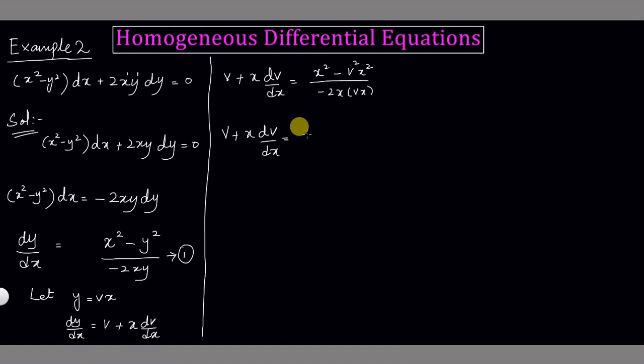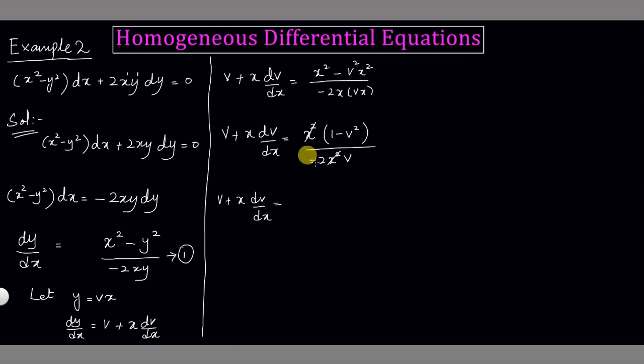we take x square common, and what we have left over there is 1 minus v square in the numerator, and in the denominator you have 2x square v. So this x square will be cancelled out, and further we will write the overall equation like this.